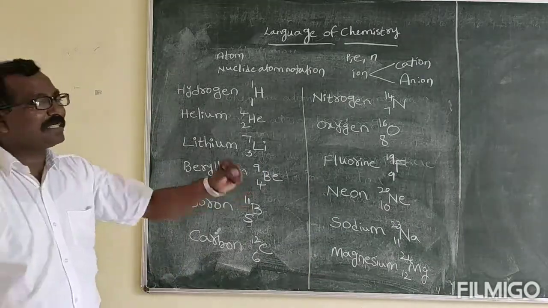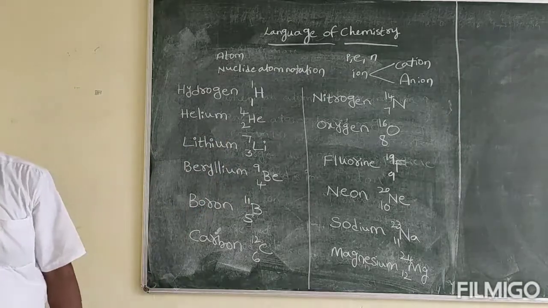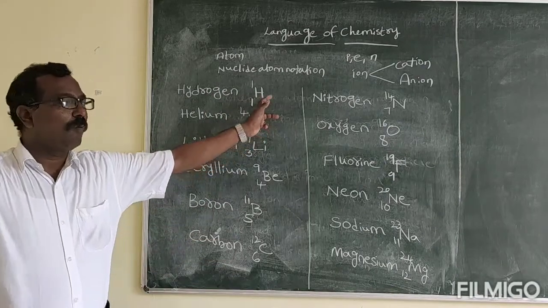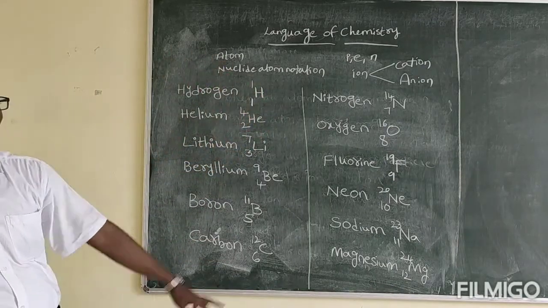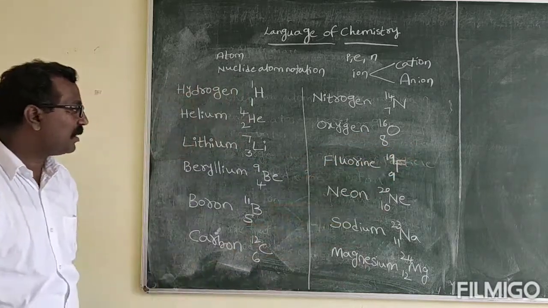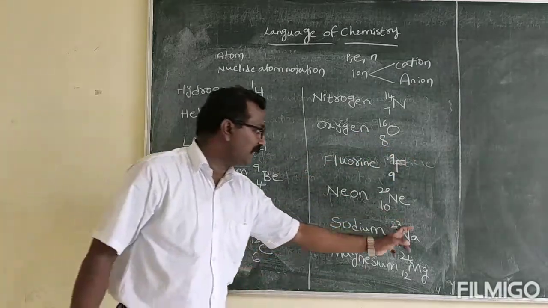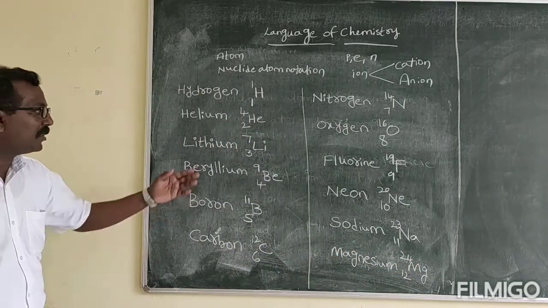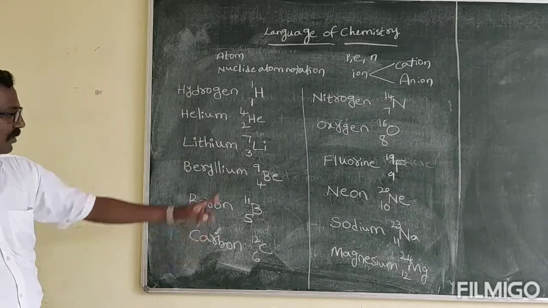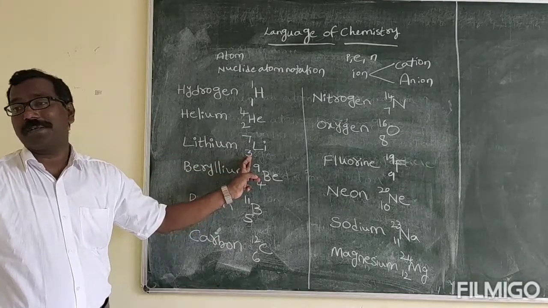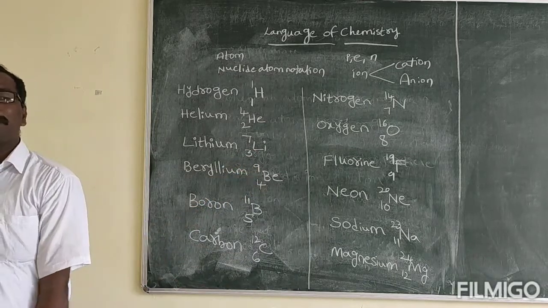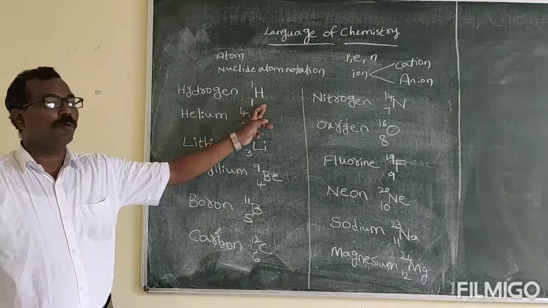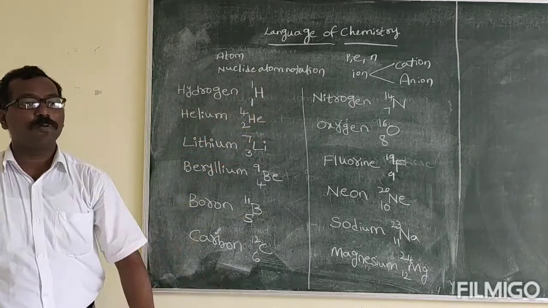Suppose, what is the symbol of hydrogen? H. What is the symbol of oxygen? O. What is the symbol of sodium? Na. How many electrons are present in lithium? Direct Z, 3. How many neutrons are present in hydrogen? 0. 1 minus 1, 0.